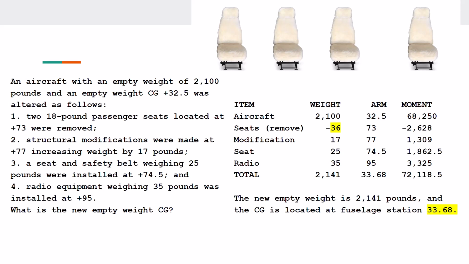We get the rest of our modifications, which are all alterations and additions, which are positive moments. We add up all our new moments, giving us 72,118.5, and our new weight. We divide our new moment by our new weight and get a new arm, a new empty weight center of gravity, which is 33.68. And that is our answer. The new empty weight is 2,141 pounds, and the CG is located at fuselage station 33.68.